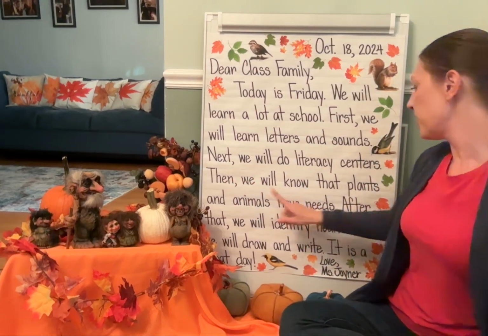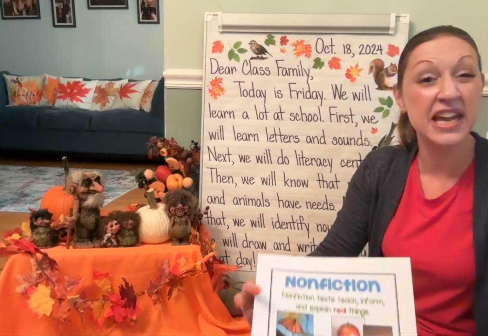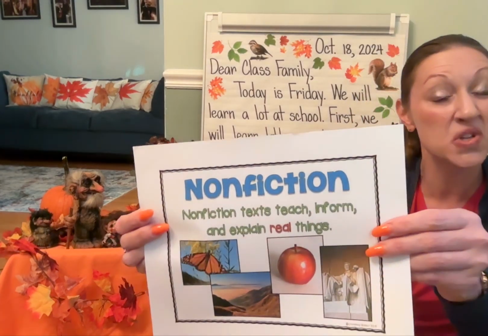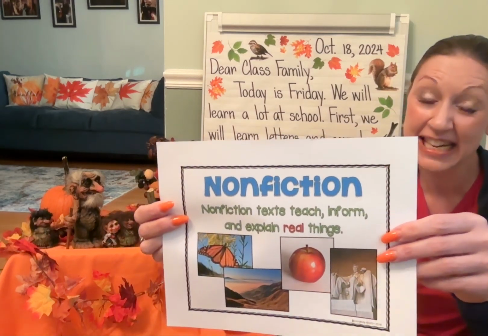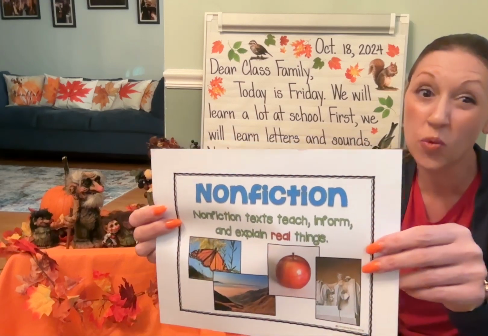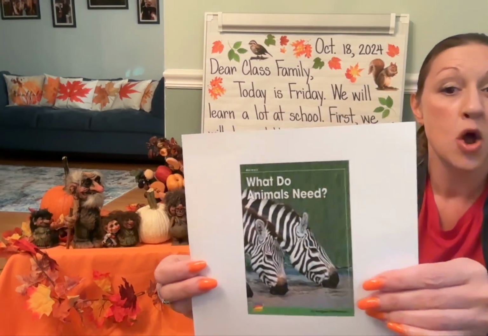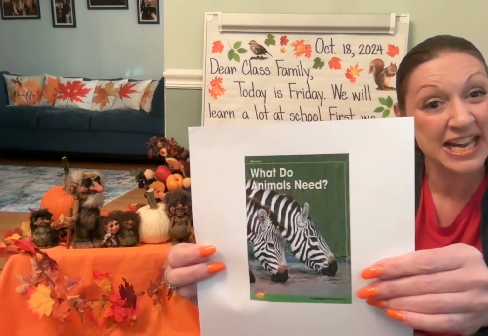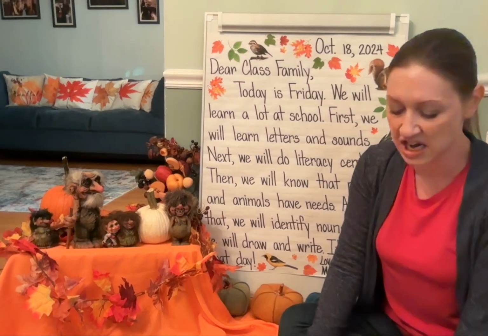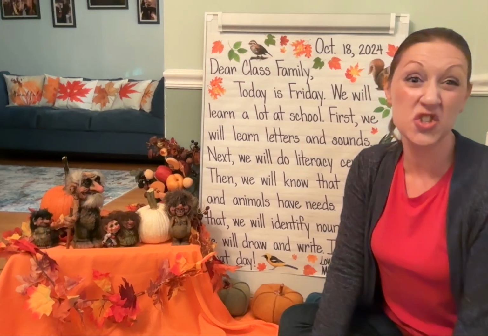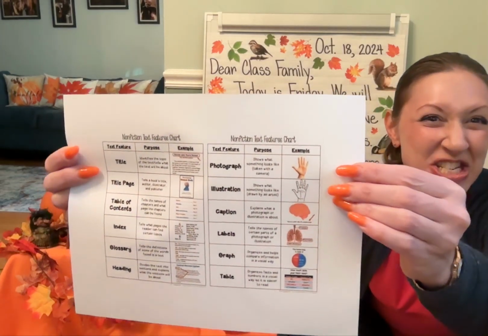Then we will know that plants and animals have needs. They do. And we're going to be reviewing the needs that they have using nonfiction texts. Remember, nonfiction texts teach, inform, and explain real things. We're going to be looking back at the text, what do animals need? And we're going to be sharing our thinking about some things that plants and animals need. And we'll be figuring out some things that are similar and some things that are different. We'll also be using text features.